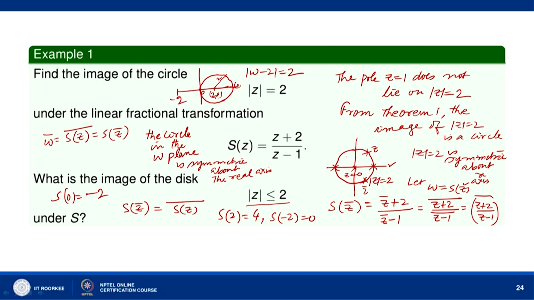So, this means that the interior of the circle is mapped onto the exterior of |w − 2| = 2. So, |z| less than or equal to 2 is mapped into |w − 2| greater than or equal to 2. That is the conclusion which we can draw.